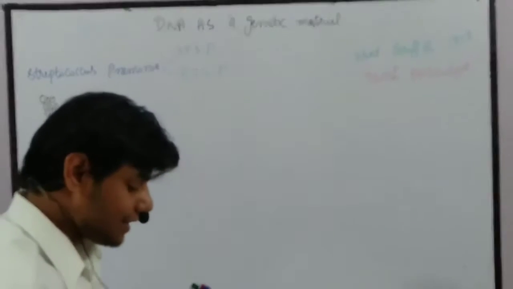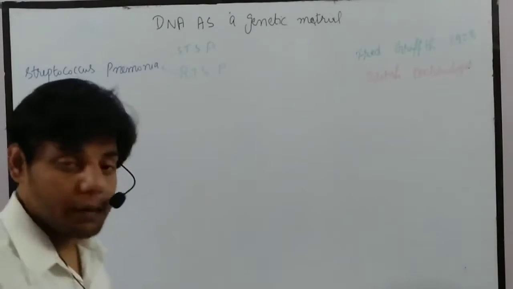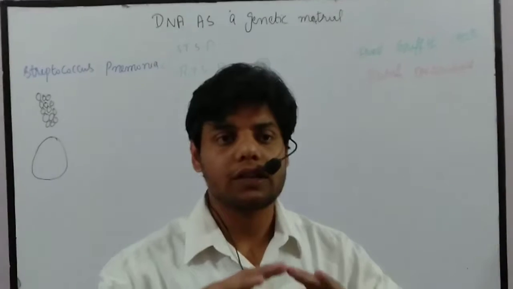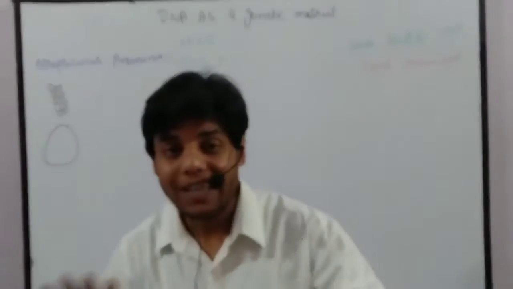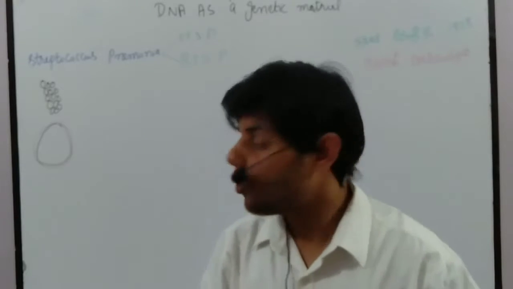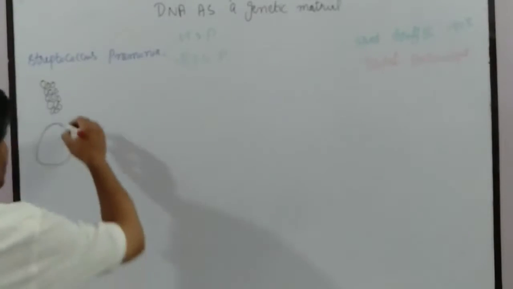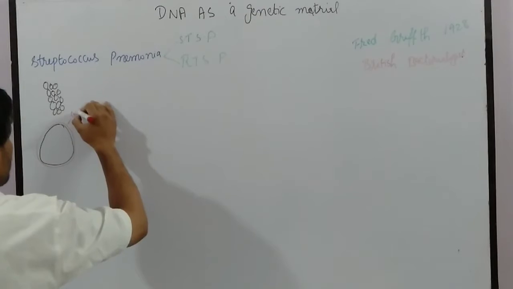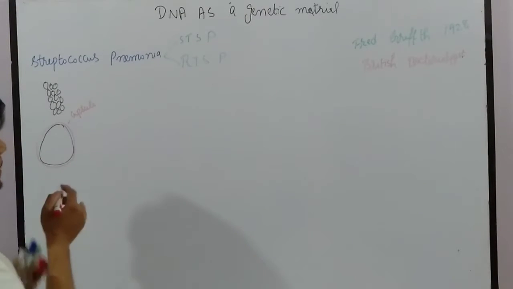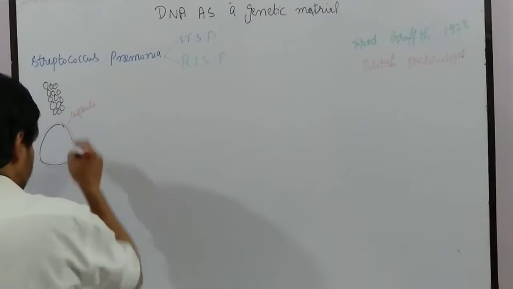The second thing is that the smooth type has an extra polysaccharide layer. This red color shows the polysaccharide, glycoprotein layer, which we call the capsule. Due to this, the bacteria was virulent.